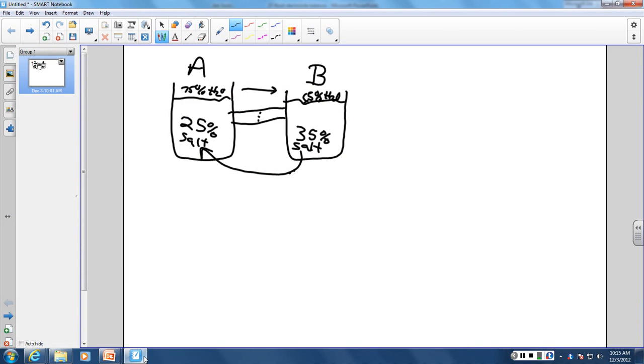So what we've done is made blood like B. If you think of A as the tissue and B as the bloodstream, we've increased the osmolarity in the blood. So the salt concentration is now higher in the blood than it is in the tissue, which is represented by A. So water is going to leave what?